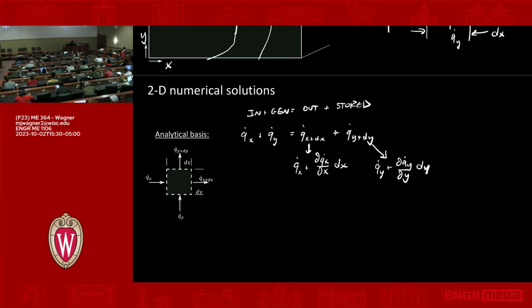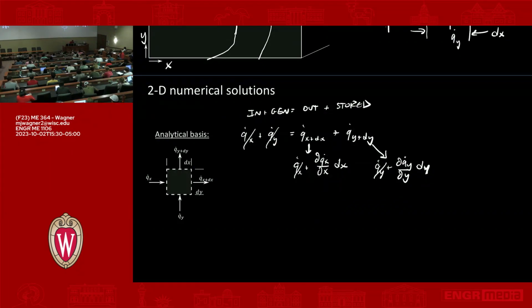Right, that's just expanding it out. So our q dots sort of cancel. But we can't cancel out dx or dy, right? Because we have dq dx dx, and dq dy dy. So there's nothing to cancel there. So those have to kind of carry along.